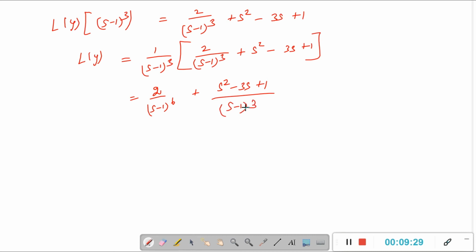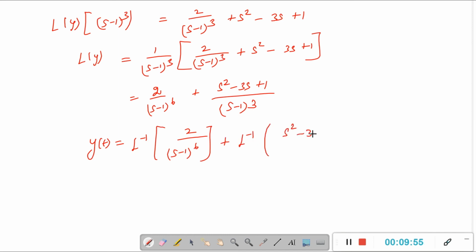Our aim is to find y. So if you shift this L to the right hand side, you will get y of t, because y is a function of t, equal to L inverse of 2 by s minus 1 whole power 6 plus L inverse of s square minus 3s plus 1 divided by s minus 1 whole power 3.